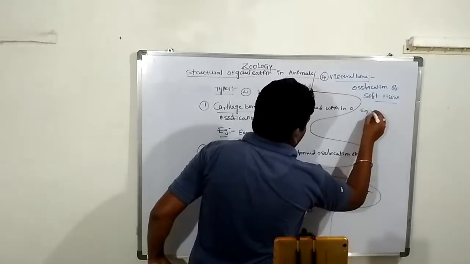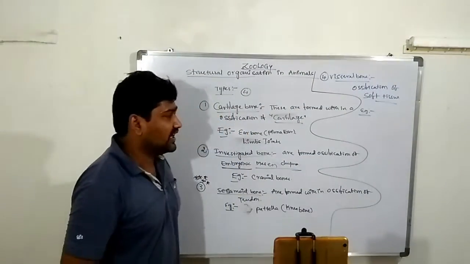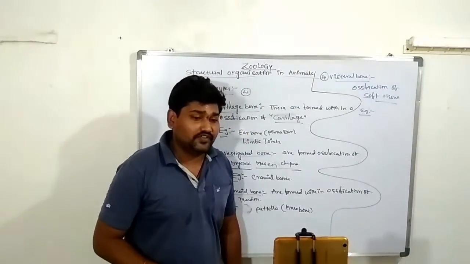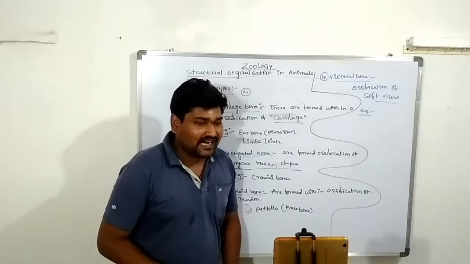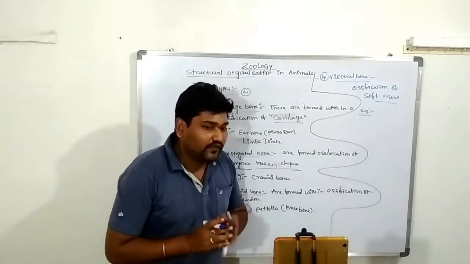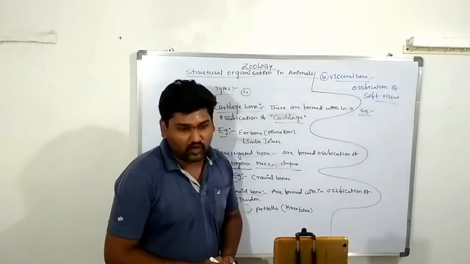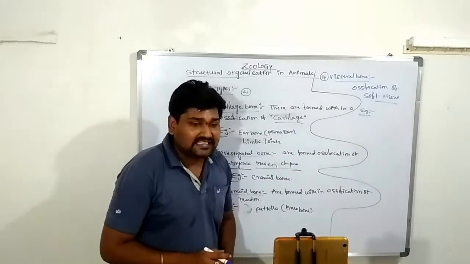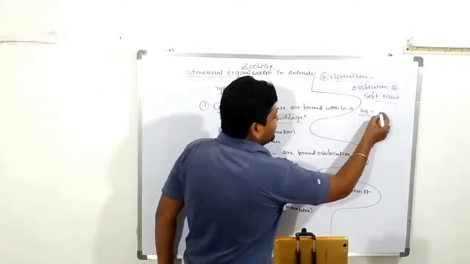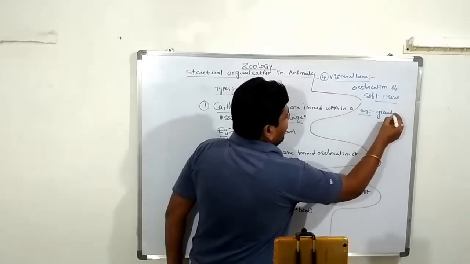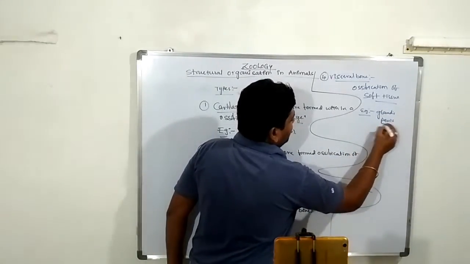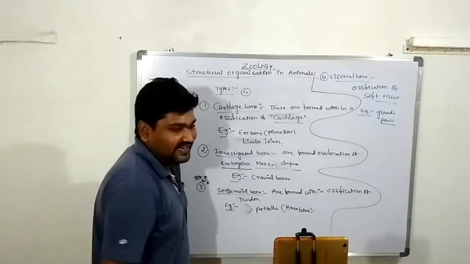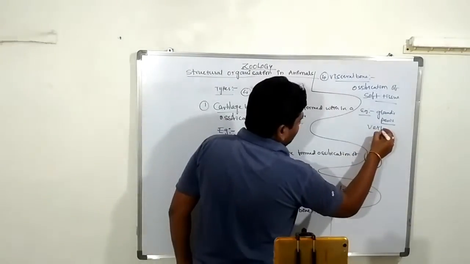This type of bone is known as a visceral bone. Example: the glans penis in males, in some vertebrates.